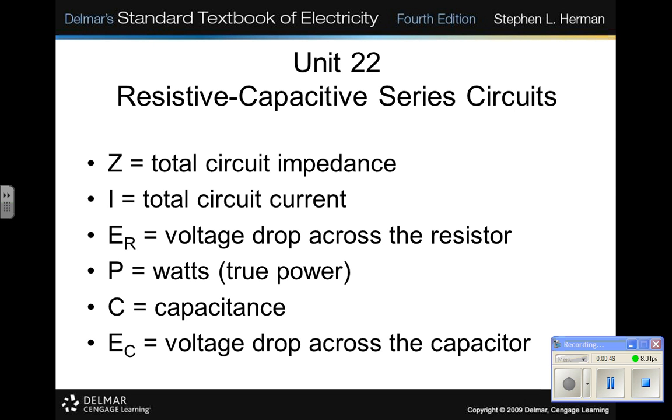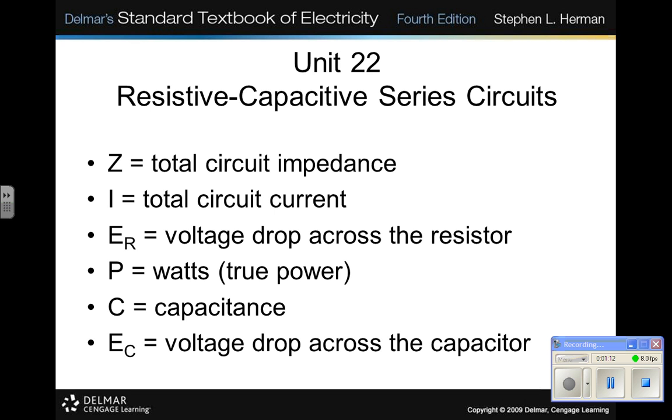Again, as before, Z is the total impedance, which is, what is impedance? Total resistance to AC flow, and that includes the DC resistance and the inductive or capacitive or the combination of the two. Oh, that's for next chapter, sorry. Okay, so anyway, the total resistance to AC flow is impedance.